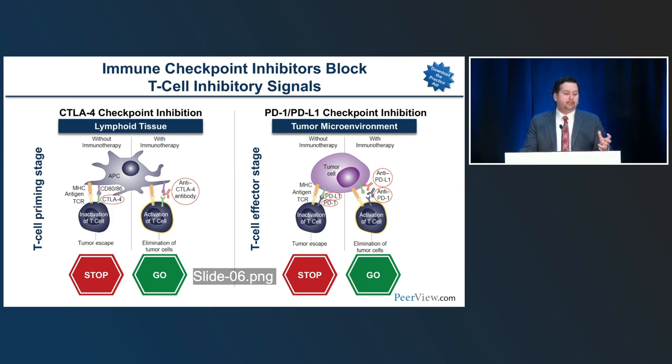And these activated T cells upregulate or put this CTLA-4 receptor in the membrane, and the blockade of this receptor can actually inhibit the inhibitory signal and therefore restore or activate T cell activation. We believe that this effect occurs mostly on the T cell priming stage, so maybe outside the tumor bed in secondary lymphoid organs, but it's unclear if there is also a role in the effector stage in the tumor bed.